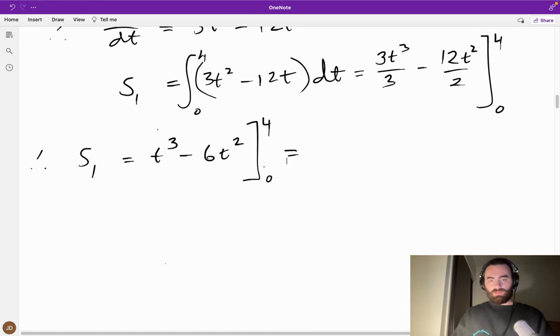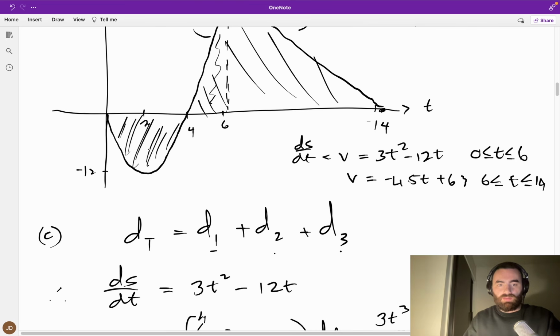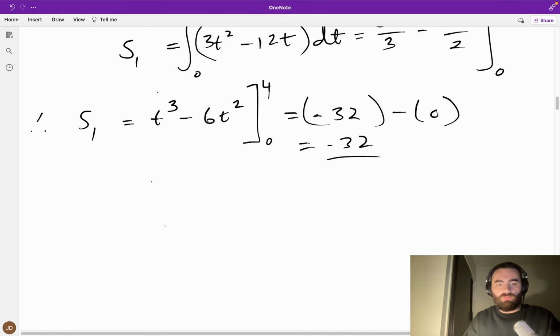That equals 4 cubed minus 6 times 4 squared, which is minus 32, minus 0. So this is equal to minus 32. That makes sense, so the displacement here is minus 32, and therefore the distance d1 will be 32 meters.